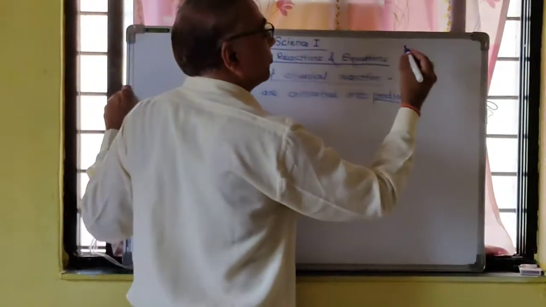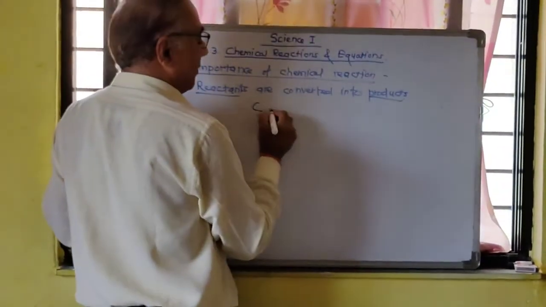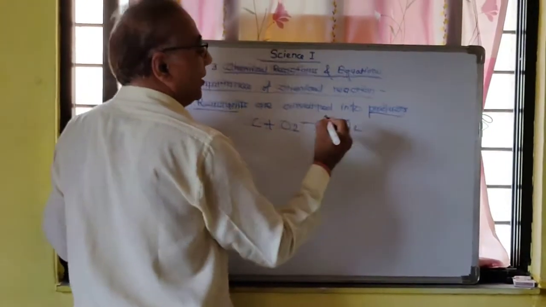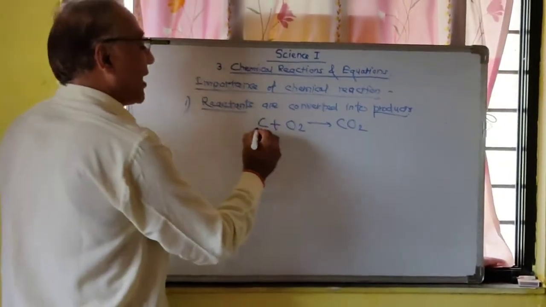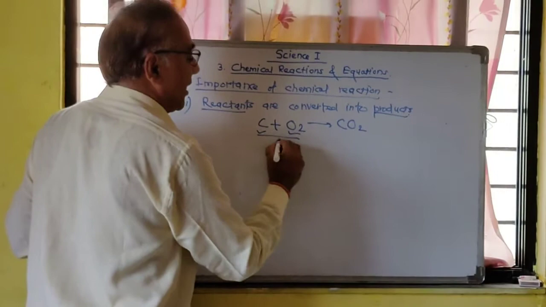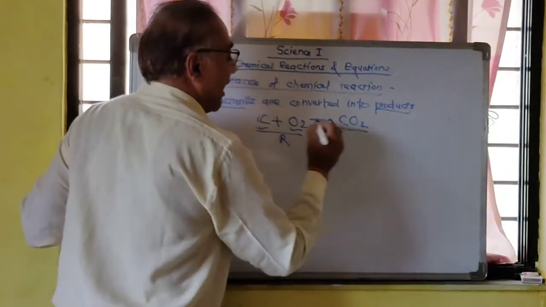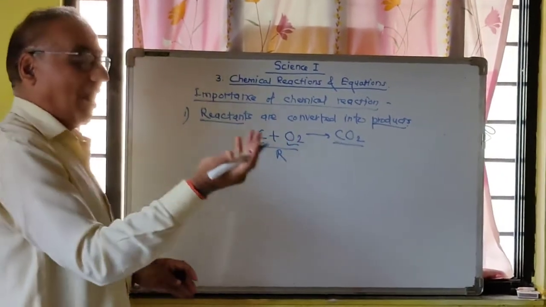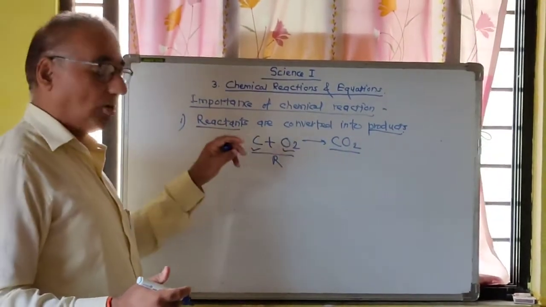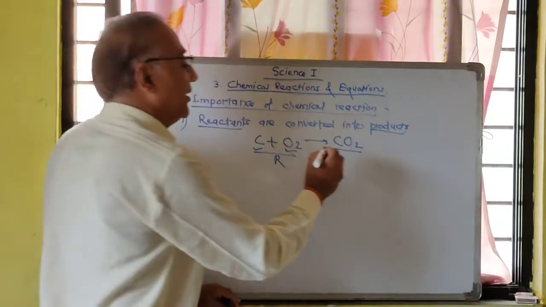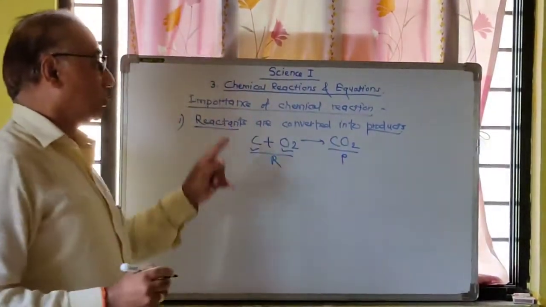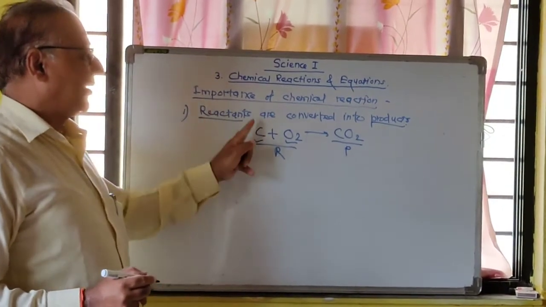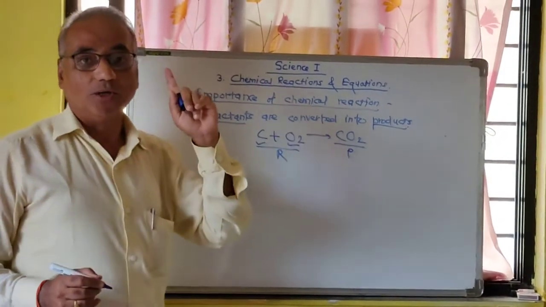Carbon, when reacted with oxygen, forms carbon dioxide gas. Here carbon and oxygen are known as reactants, and from the reactants there is formation of a new compound having different properties than carbon and oxygen, that is called the product. So in the first importance of chemical reaction, we write that reactants are converted into the products.